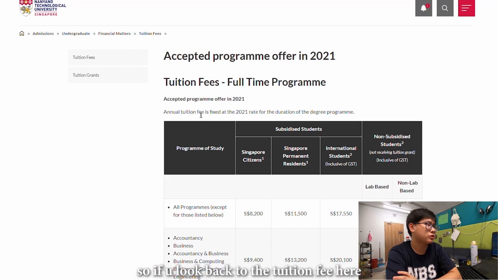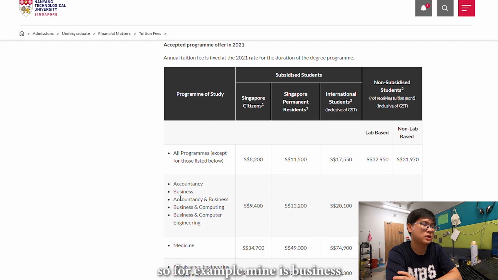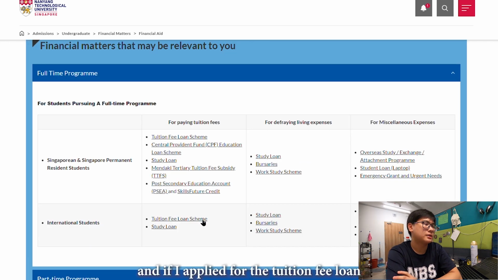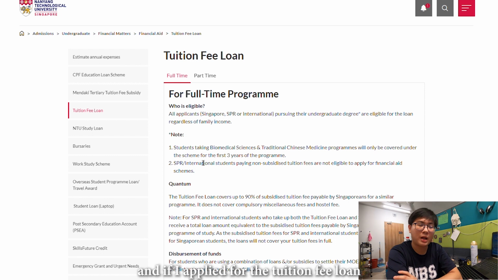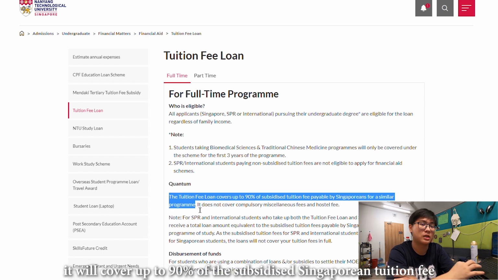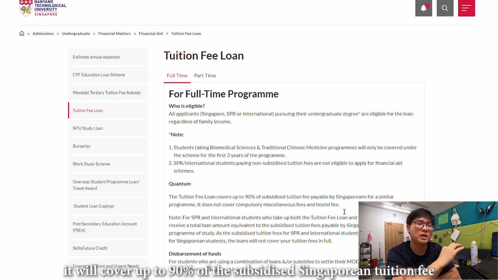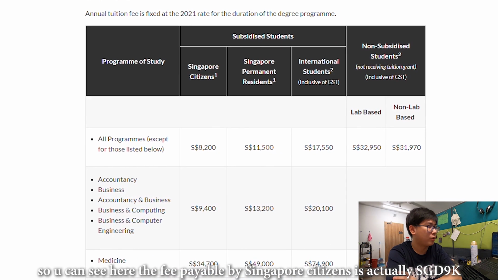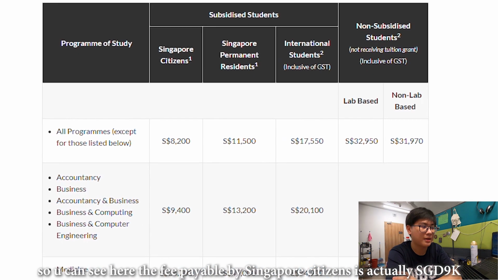So if you look back at the tuition fees here, for example, mine is business, and after tuition grant, my tuition fees are around 20k per year. And if I apply for the tuition fee loans, it will cover up to 90% of the subsidized Singaporeans tuition fees. You can see here, the fees payable by a Singapore citizen is actually 9k.